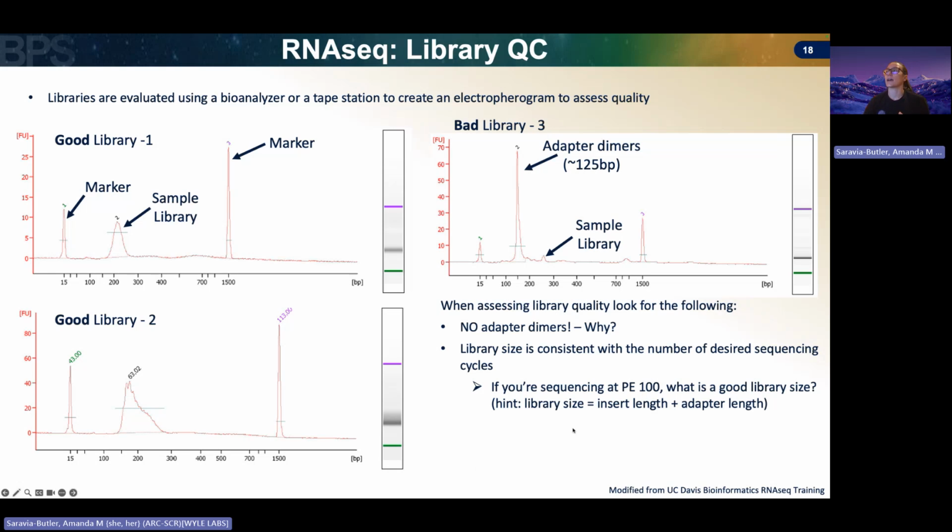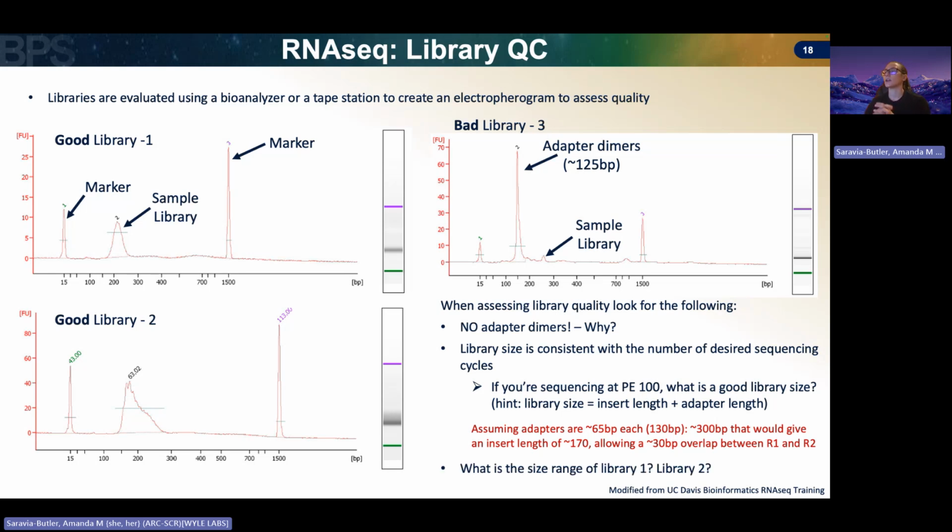And then also the size of your adapters: assuming adapters are around 65 base pairs each, or 130 base pairs total, you want to see that your library size is roughly 300 base pairs. That would give you an insert length, or your cDNA length, of around 170, allowing about a 30 base pair overlap between your forward and your reverse reads.